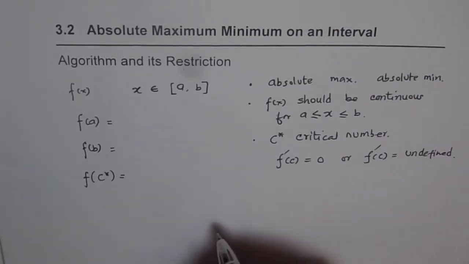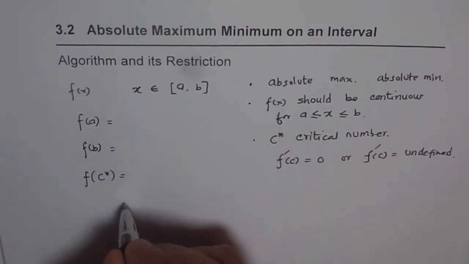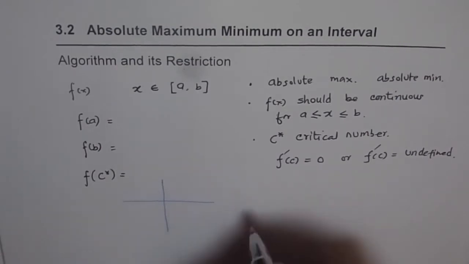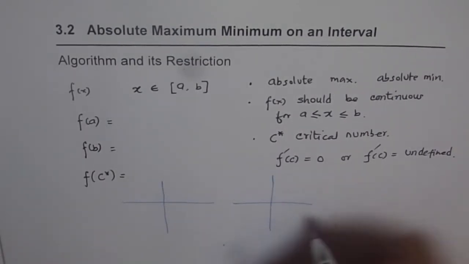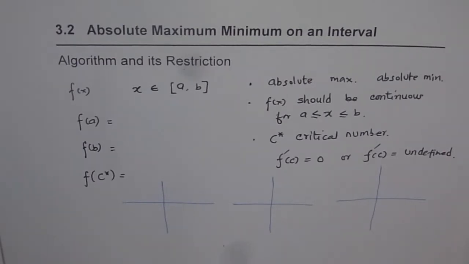So let me give you a few examples which will help you understand all these concepts. I'll draw a few graphs here to illustrate these examples, and then we will take up videos to solve numerically and find the extreme values for maximum and minimum. Let's take a simple graph which is always increasing.